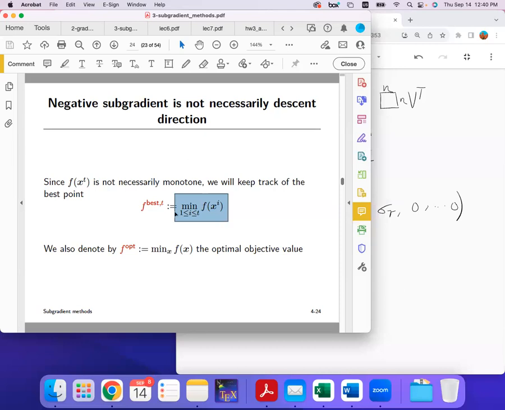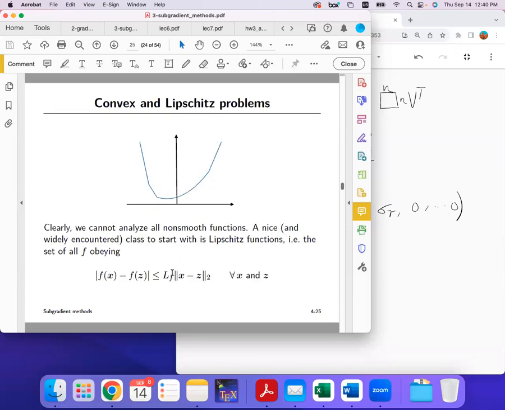So this is the convergence criterion. We will keep tracking the best value among the first t iterations, and then analyze the gap between this value and the optimal value. The optimal value is the minimum value of a function.